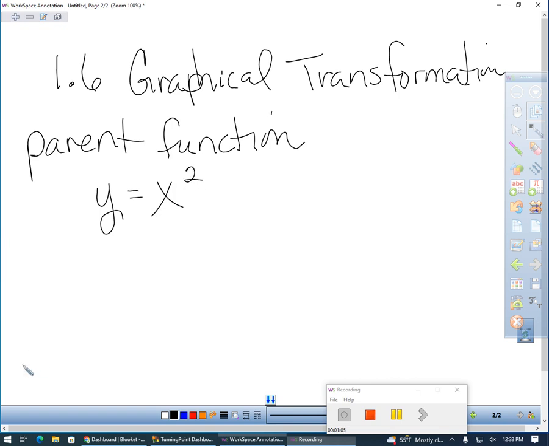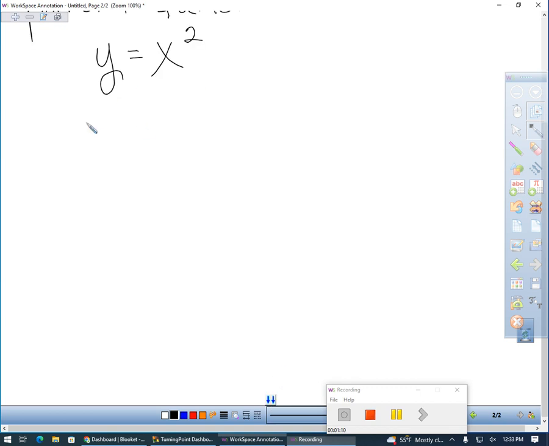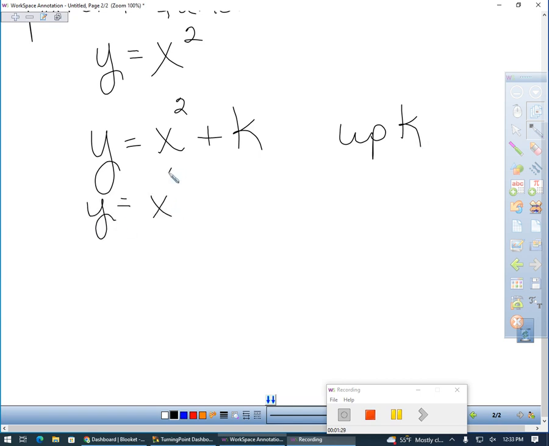There's a lot of different things we can do to this parent function. If I have y equals x squared plus k, that means I'm translating it up k units. If I have y equals x squared minus k, that means I'm going down k units.